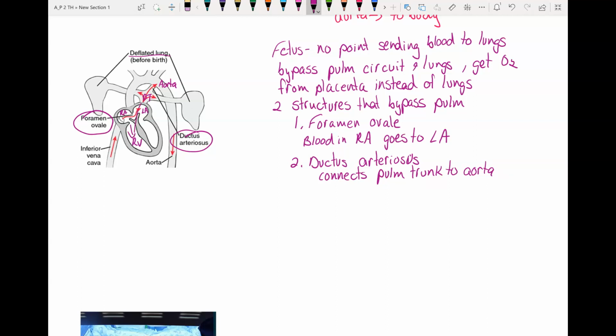The right ventricle will pump it up into the pulmonary trunk, but from there, instead of going to the lungs, it goes through this special vessel, the ductus arteriosus, straight into the aorta.